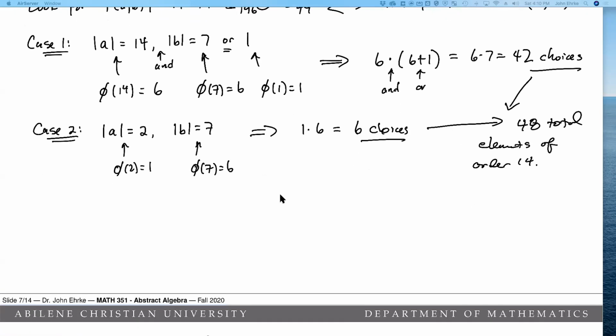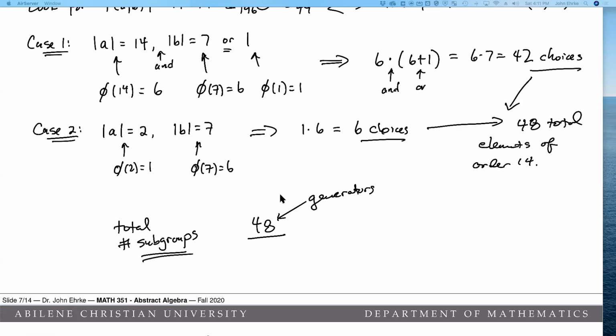So in terms of the total number of subgroups, there are actually 48 generators, but each generator is only going to generate a subgroup containing 6 elements.